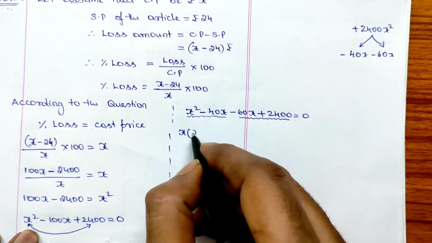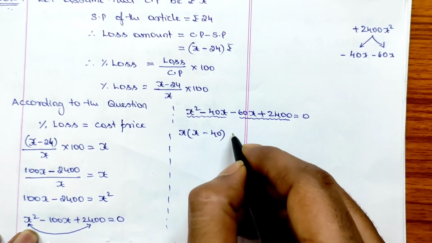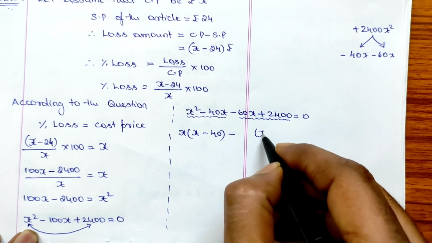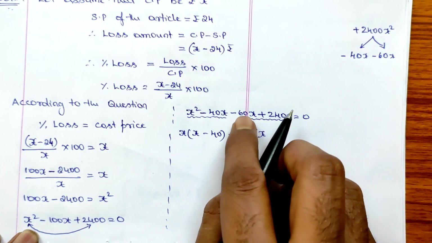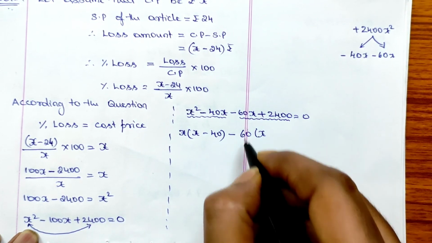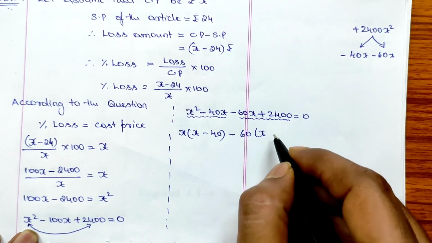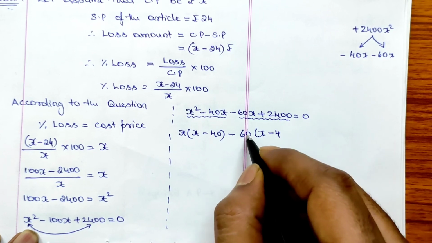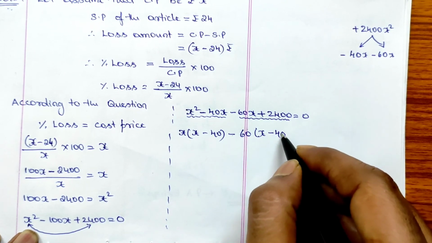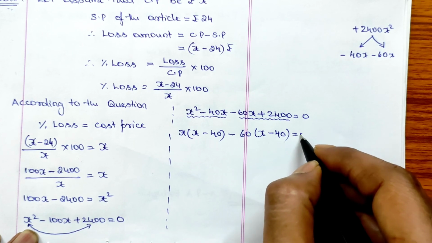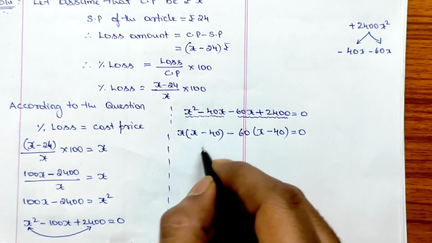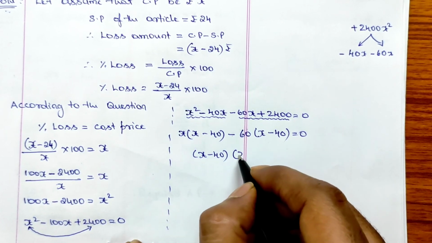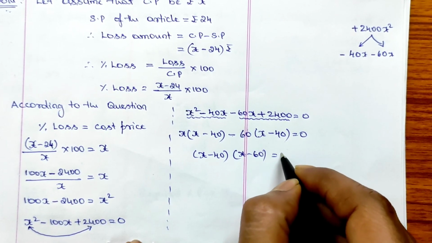If I take x common, then x minus 40 is recorded in the bracket. In the second group, we take off minus 60. So minus into minus is plus, 6 4s are 24, one more 0 is left out, x minus 40 equal to 0. So the common factor is x minus 40, another factor is x minus 60, equal to 0.